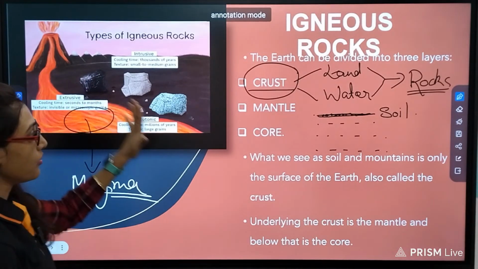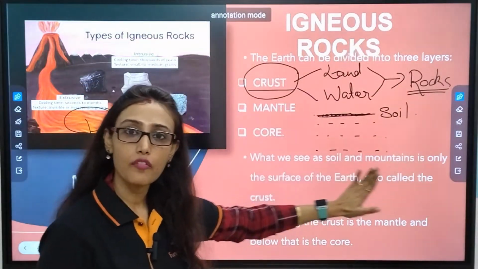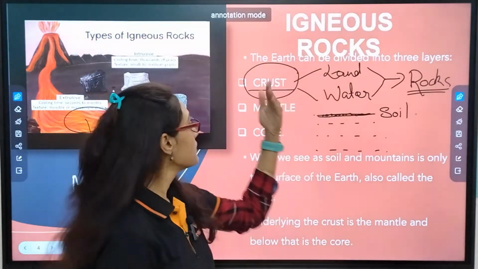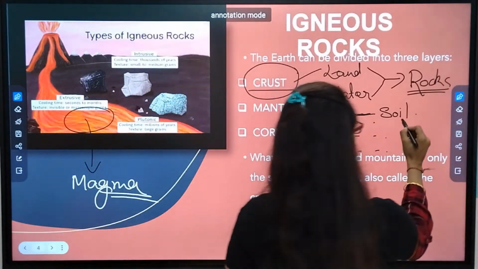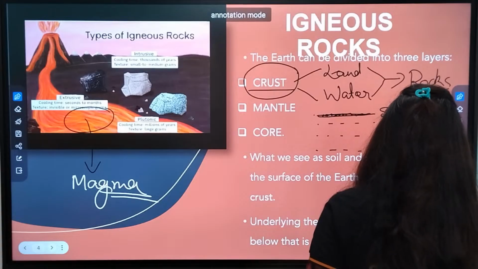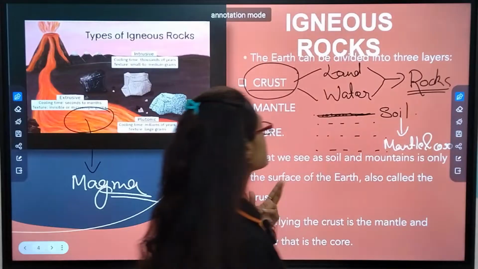So for now, you just come to know first that the surface of the earth is known as crust, and below it remain what? The mantle and core. Okay, now let's read.